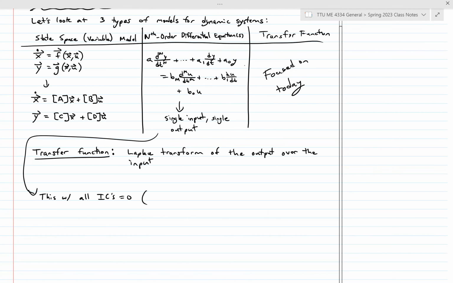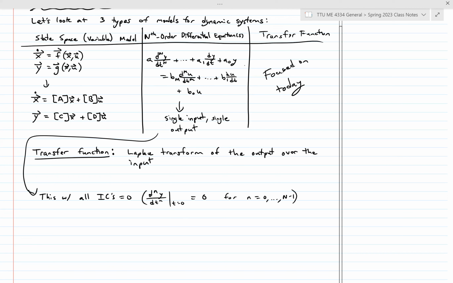Technical definition of that would look like d to the n, I was using big N, so I'll stick with that. It should be d^n y over dt^n at t equal to 0 is equal to 0 for n equal to 0 all the way to n minus 1.